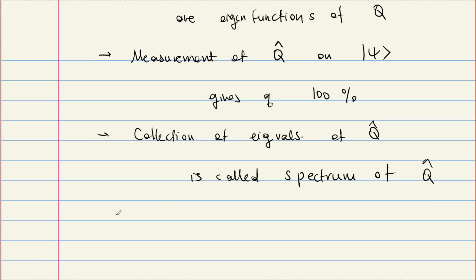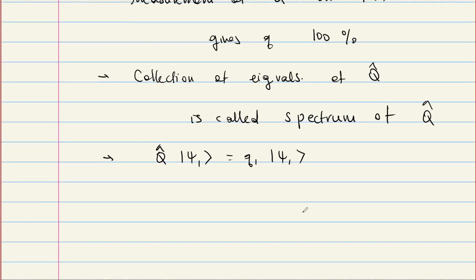And another terminology is, suppose I have one state, psi 1 equal to Q1 psi 1, and I have another one, psi 2 equal to Q1 psi 2. Let me write it separately.